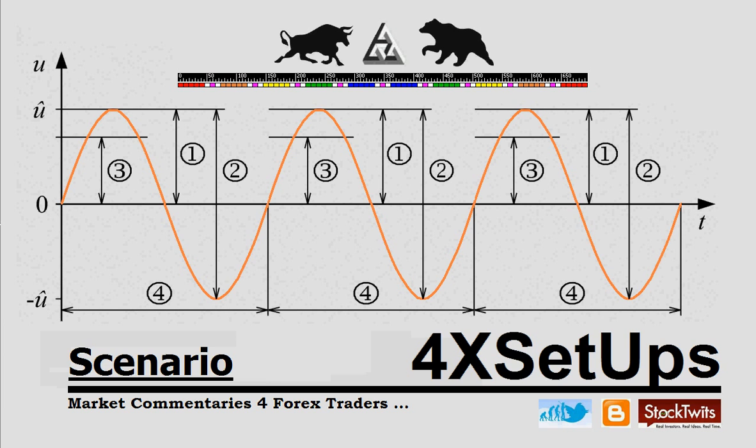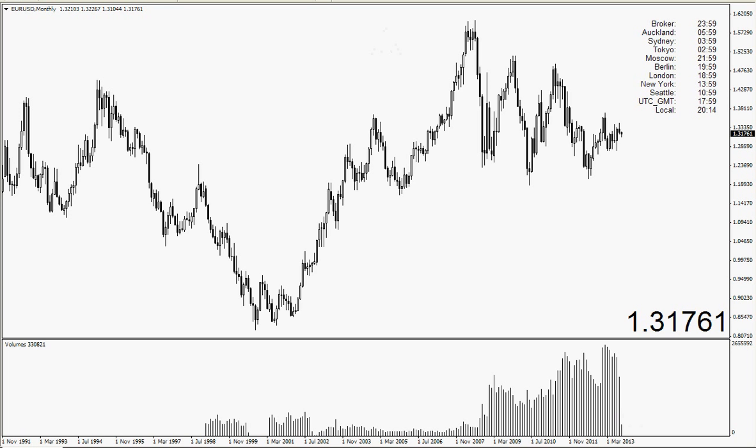And I have a big scenario here, the euro dollar monthly chart since 1st November 1991, so more or less the last 22 years.